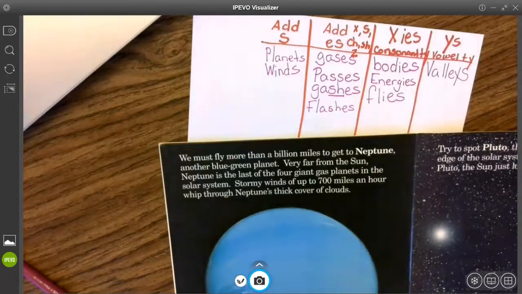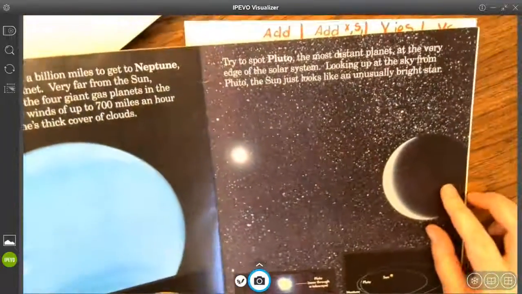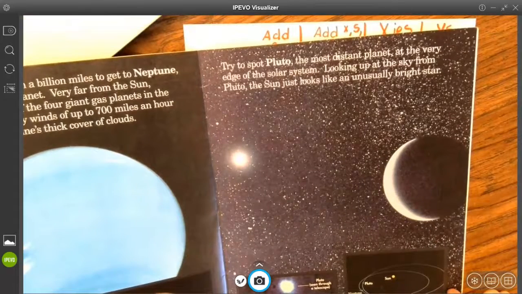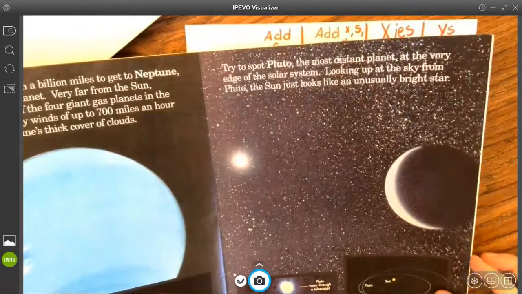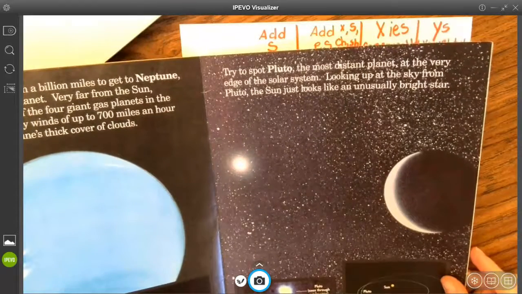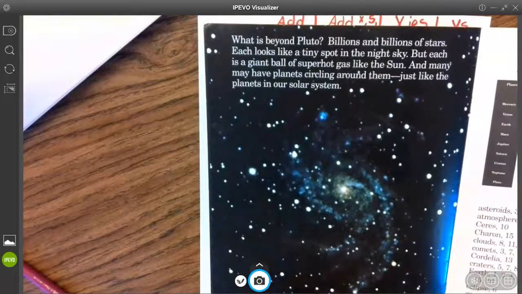Almost done with the book. Try to spot Pluto, the most distant planet at the very edge of the solar system. Looking up at the sky from Pluto, the sun looks like an unusually bright star. What is beyond Pluto? Billions and billions of stars.